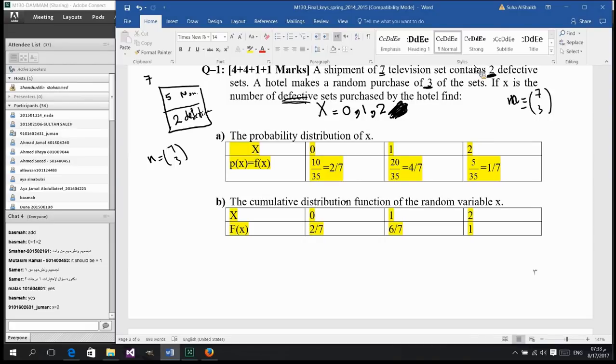So the probability of 0, I'm talking about the probability when 0 of them is defective.